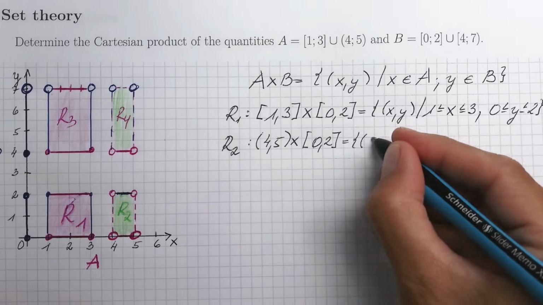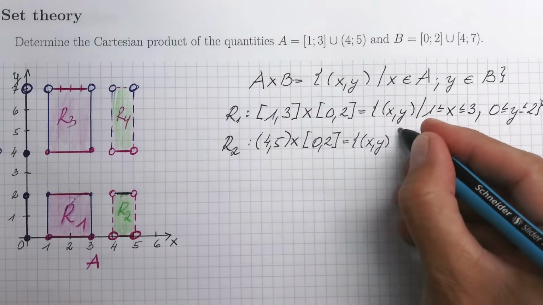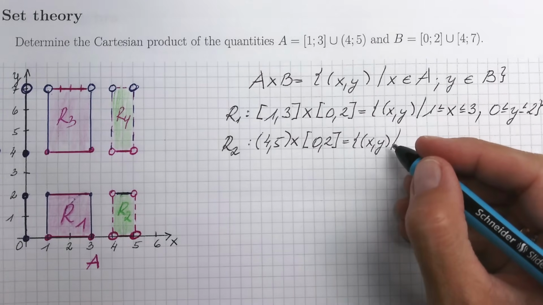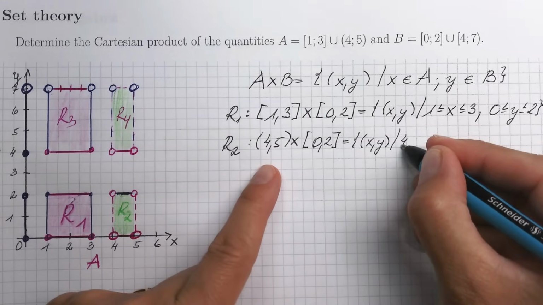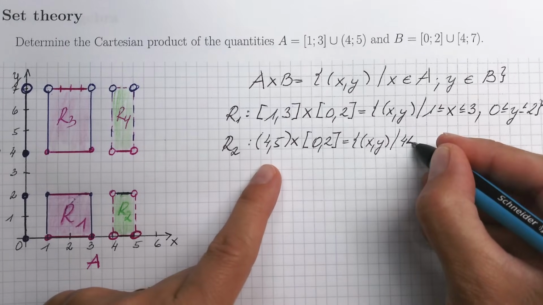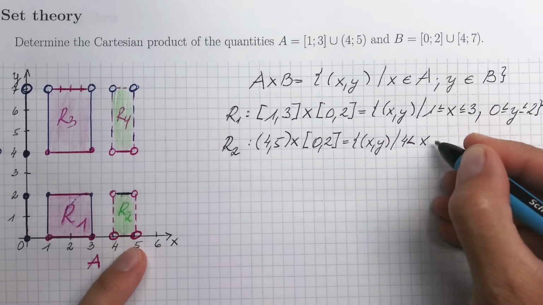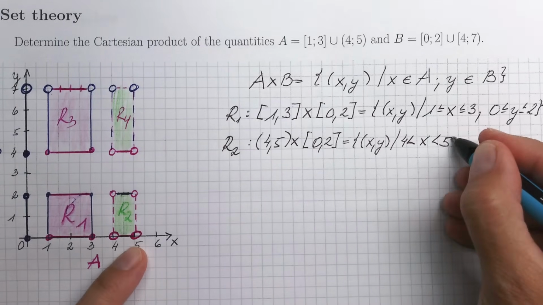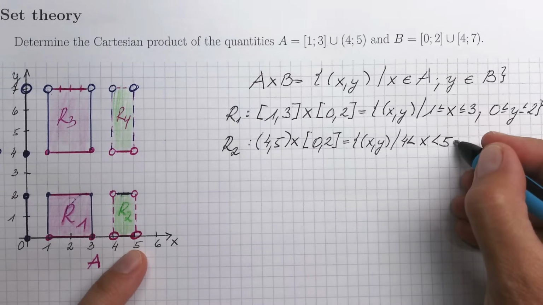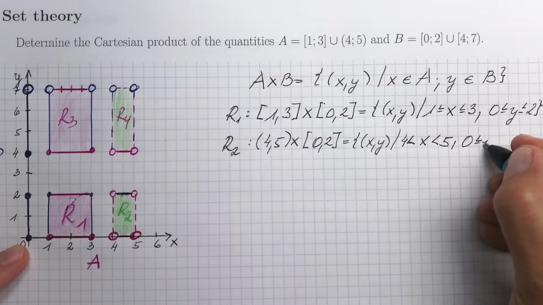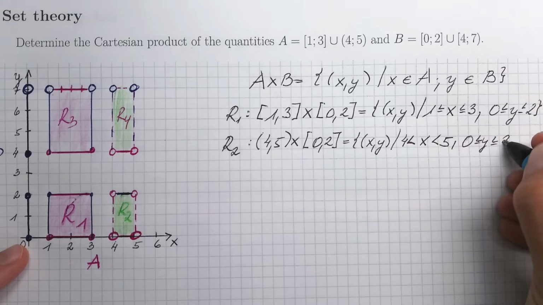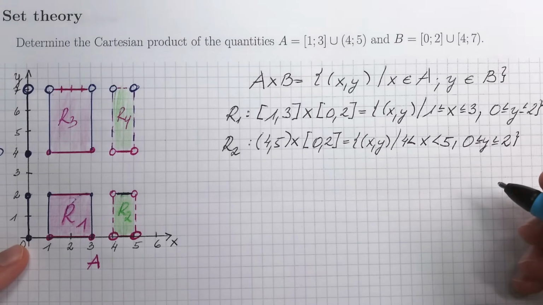Again, it's the set of all pairs x and y such that 4 is less than x, less than 5, because here the vertices are not included, and 0 is less than or equal to y, less than or equal to 2, because here the edges are included.